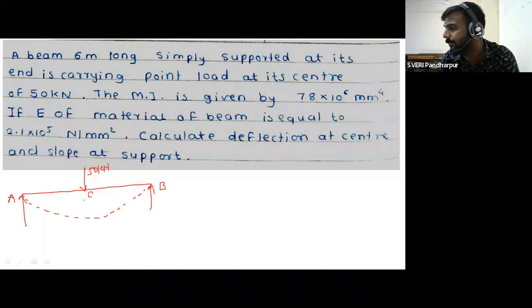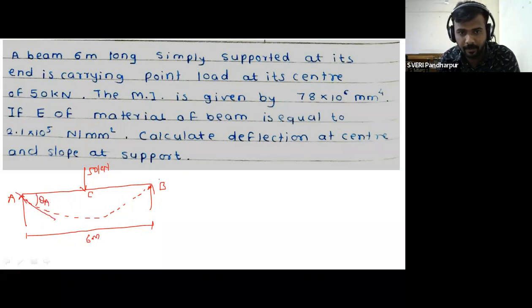This is point C. The total length of the beam is 6 meter. So this is theta A, this is theta B, and at the center there is a YC.